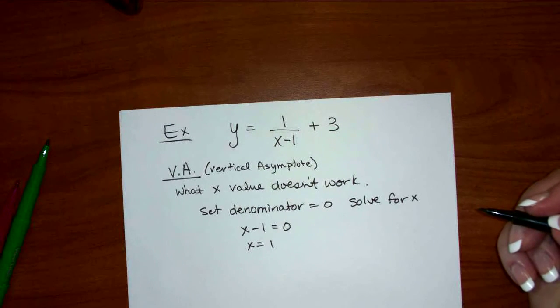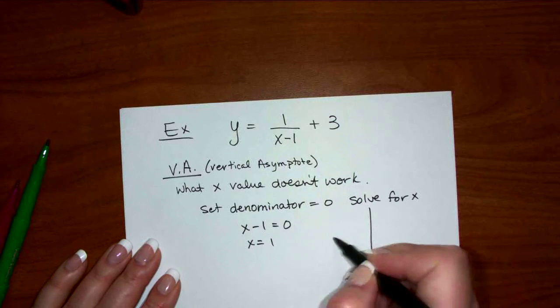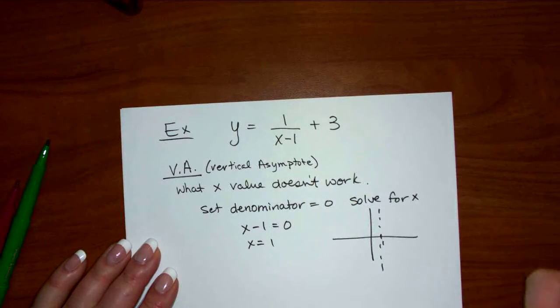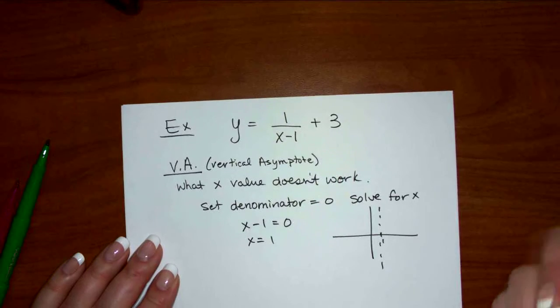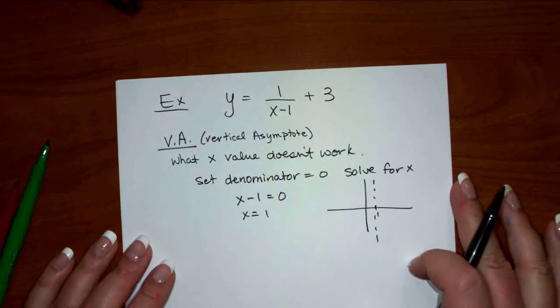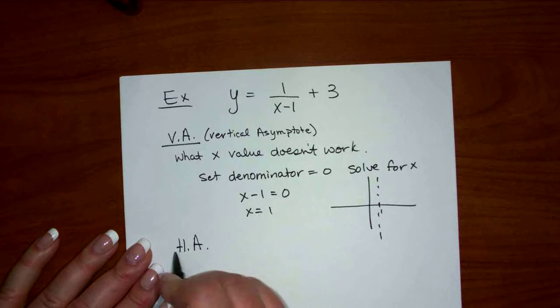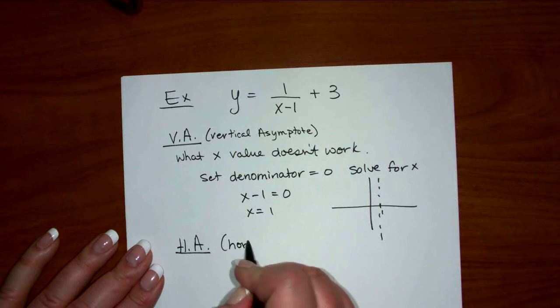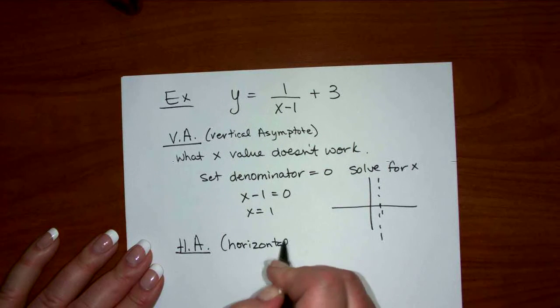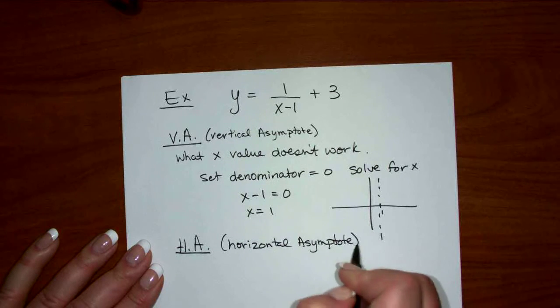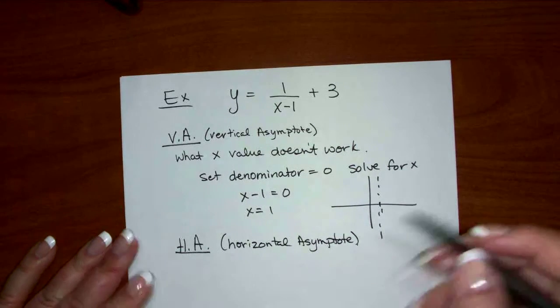So what does that mean? That means on the graph, at x is 1, there's a dotted line. That's what that means. That x can't be 1 because that would make a 0 on the bottom. The horizontal asymptote. What do you think?